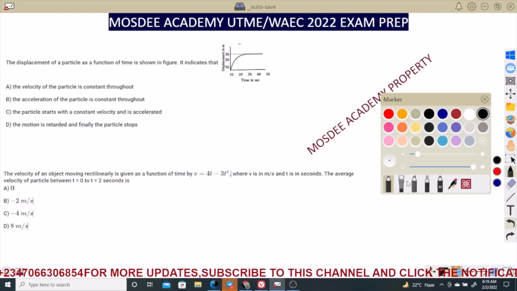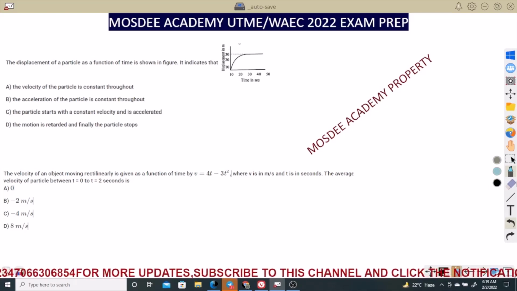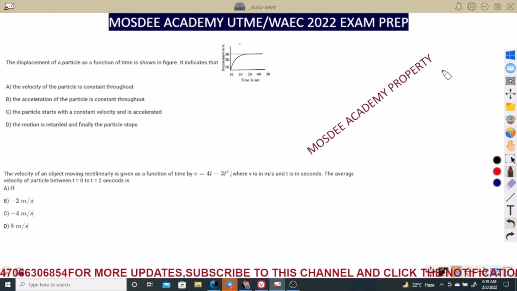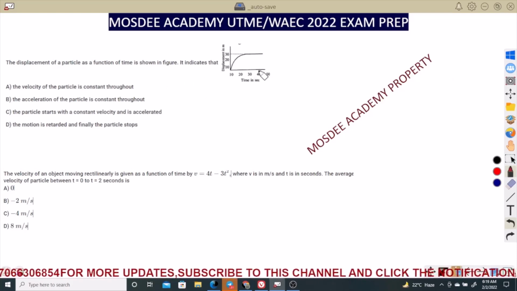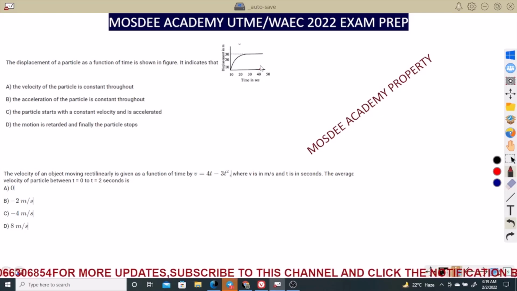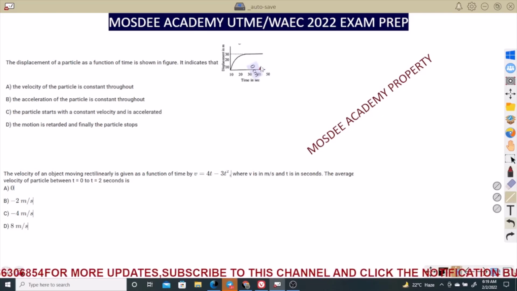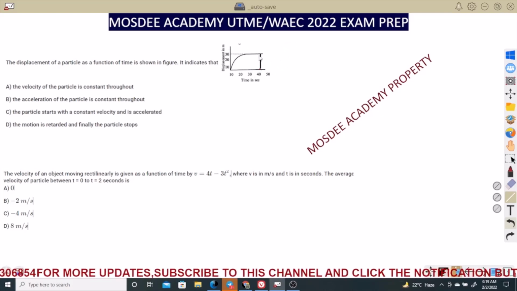So, my dear students, if we go by this, it's a very, very simple one. If we take something here at 40, I want to take something like a ruler. At 40 seconds, the displacement is constant, it is 30.